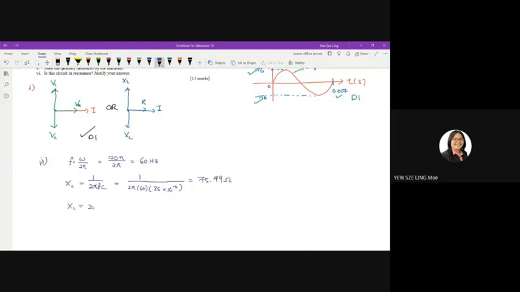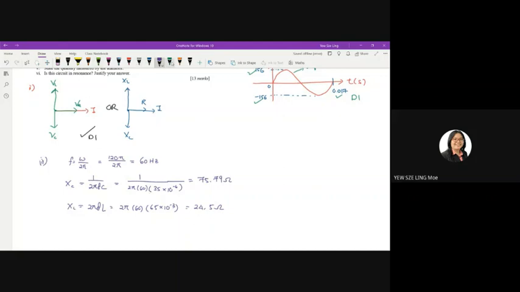XL equals 2 pi fL, so 2 pi times 60, with L given as 65 times 10 to the power of negative 3. If you got it right, you should get 24.5 ohm. So that is the answer.